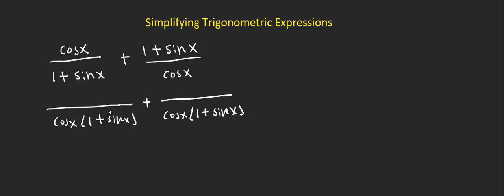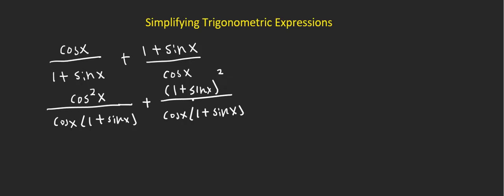You need cosine x, so you have to multiply cosine x to the numerator. You'll get cosine x times cosine x, which is cosine square x. What about over here? How do you get from cosine x to this? You need the quantity 1 plus sine x. So it's going to be the quantity 1 plus sine x times the quantity 1 plus sine x, which is the quantity 1 plus sine x squared.